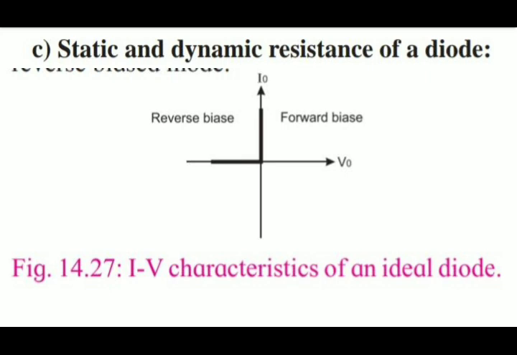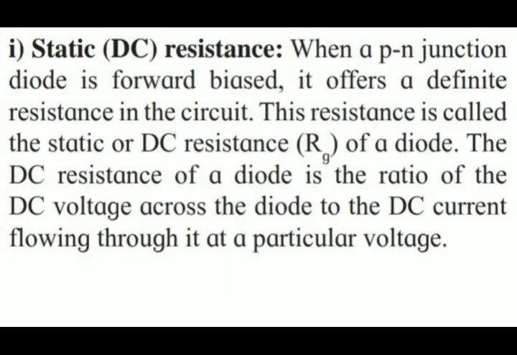The IV characteristics of a forward bias diode are used to define two of its resistances, the static, that is DC resistance, and the dynamic, that is AC resistance. So what is static, that is DC resistance?